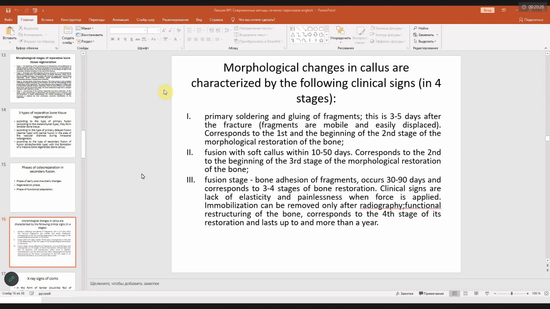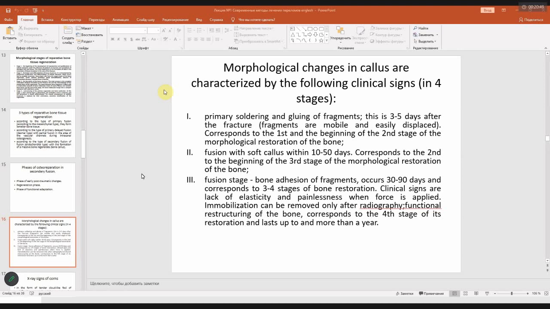Fusion with the soft callus within 10 to 50 days. Corresponds to the beginning of the 3rd stage of the morphological restoration of the bone.